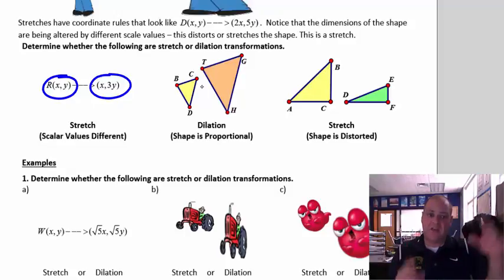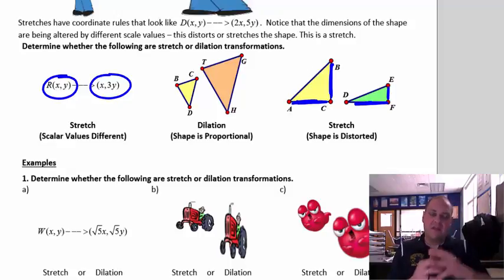The yellow one and the green one are different shapes. Look at how AC went to DF and stayed exactly the same, but BC got smaller. That cannot happen in a dilation. Everything's got to get bigger or smaller by the same amount.